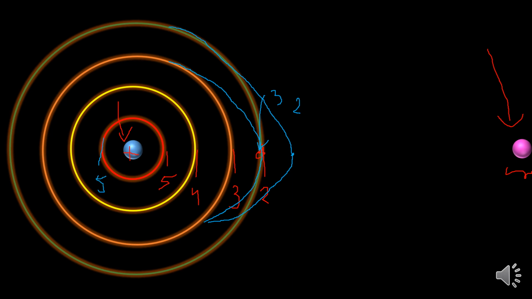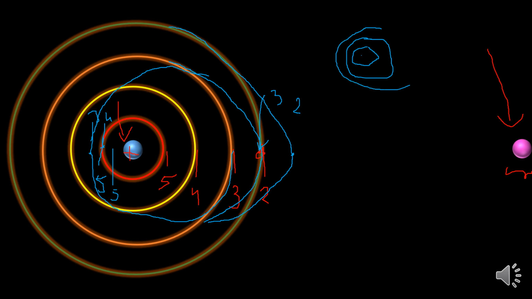Not only that, earlier we were getting 5 volt here, but now instead of being able to produce 5 volt here, this charge will be able to produce 5 volt somewhere here. Similarly 4 volt may be somewhere closer than 3 volt. So my 3 volt surface should look like this, and so the overall shape will be like this.